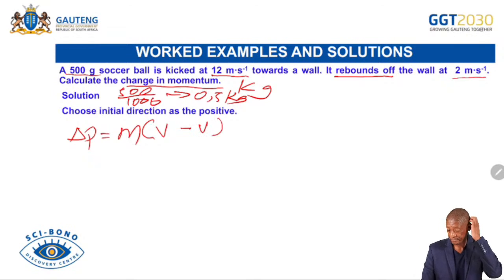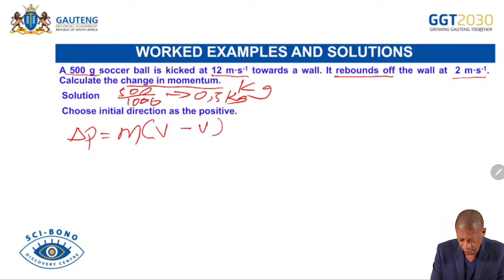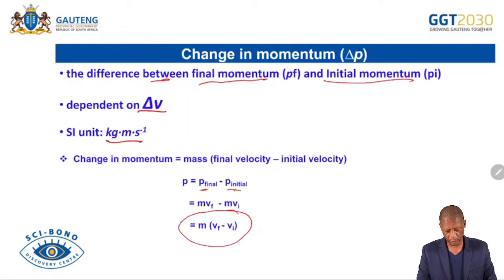What are these? The first v is the final velocity. The second is the initial velocity. Let us go back. The final velocity, this is it. The initial velocity, this is what I'm talking about here.